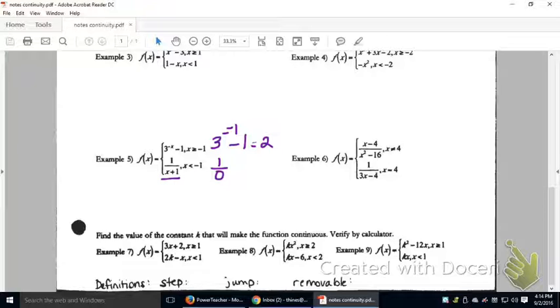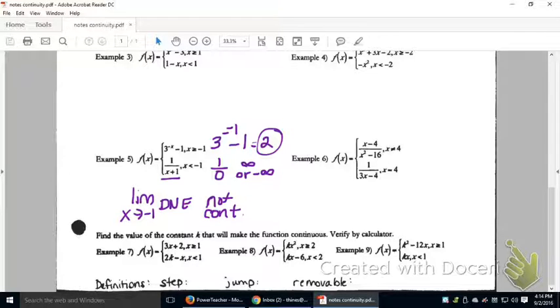So this one is probably approaching infinity or negative infinity on the left side of -1, since we're talking about less than -1. So it's undefined, but definitely not equal to 2. Since the limit as x approaches -1 does not exist, this one is not continuous.